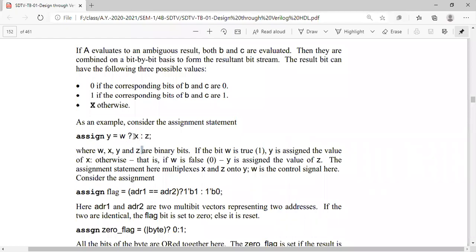If w is 0, then z, which may be an expression or a single bit, will go to y. W is false, so y is assigned the value of z.